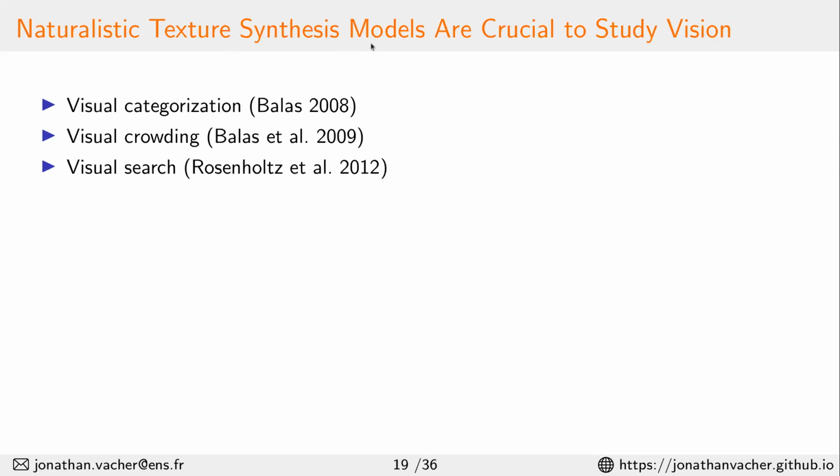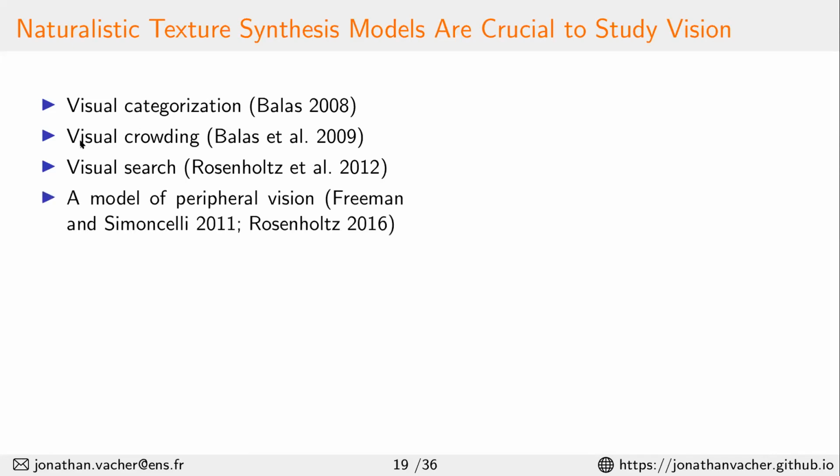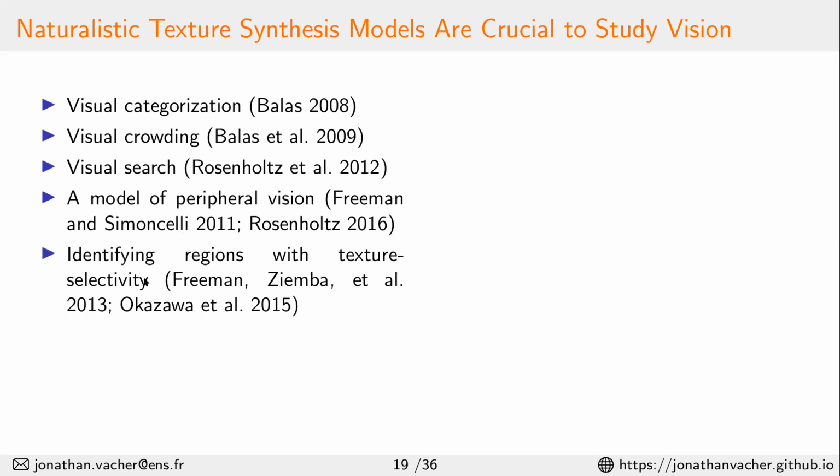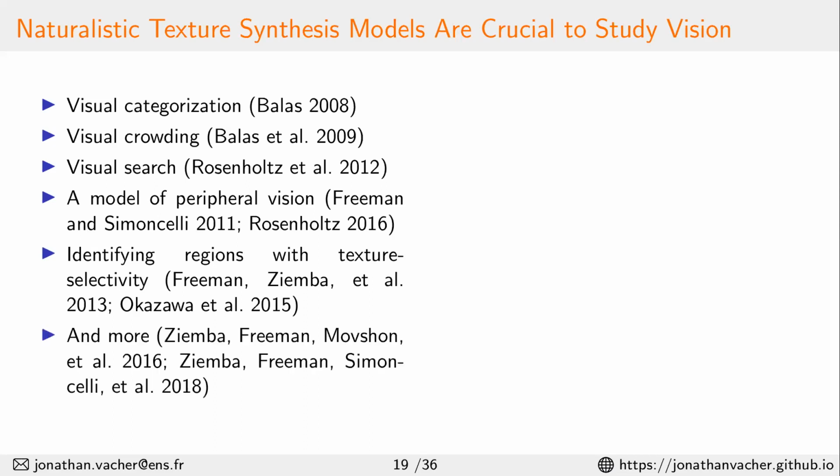Naturalistic texture synthesis has been used a lot to study vision: for visual categorization, crowding, search. It has also been used in a model for peripheral vision, and also to identify regions of the brain that are texture selective. And there are more papers about that.